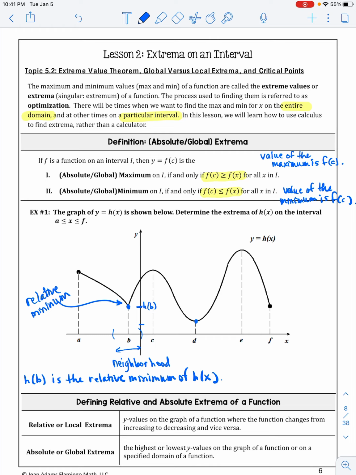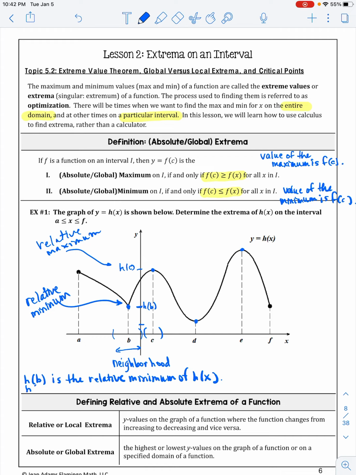And you've also got a maximum at c, but is it the absolute? No. So this h of c here is going to be a relative maximum, because in the neighborhood, so if we just picked a little neighborhood here around c and we looked at all the y values, it's going to be the highest y value. So that is considered a relative maximum.